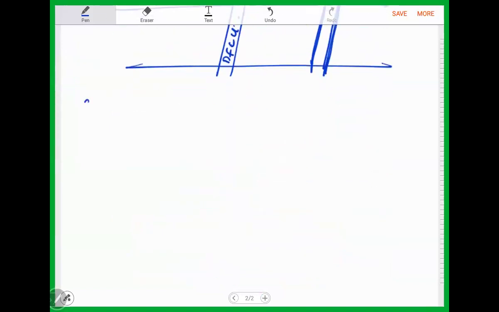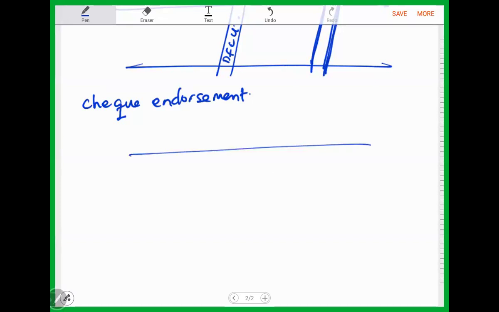Check endorsement. Check endorsement is the process of signing the back of a check before it is deposited or cashed. You have already seen a check and someone has signed on it at the back.